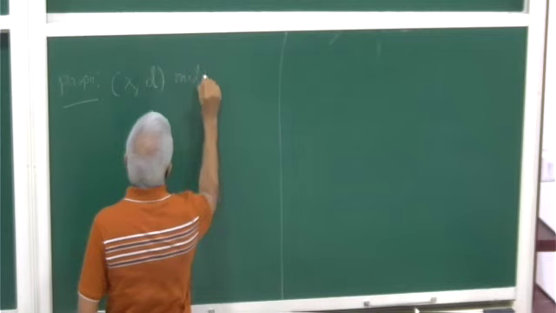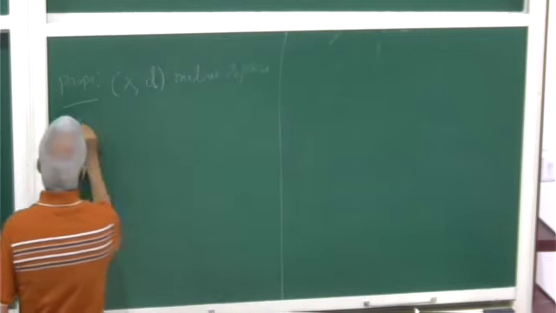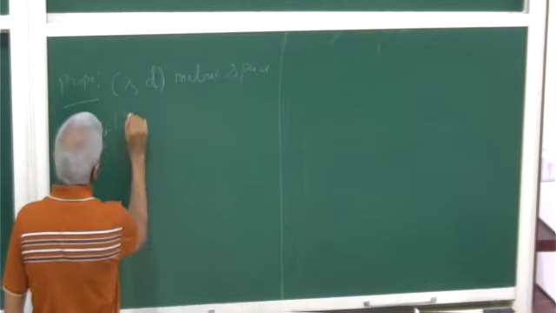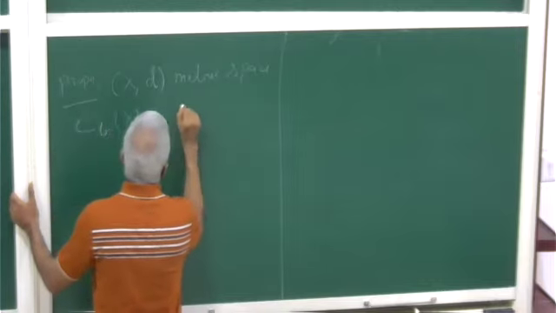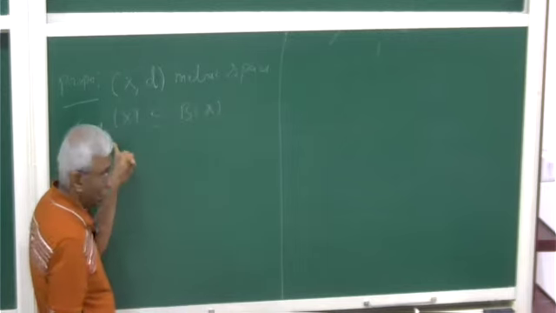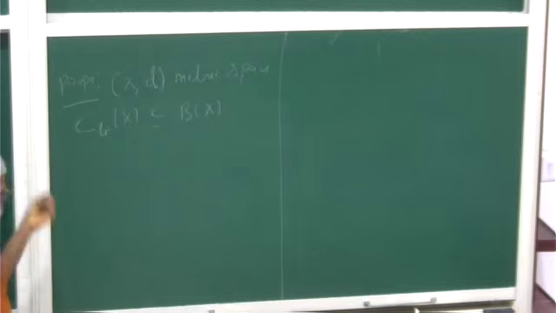Metric space X, and continuous bounded functions on X. This is contained in B of X, of course, bounded functions on X. This is closed. Of course, a uniform limit of continuous functions is a continuous function, and also bounded.